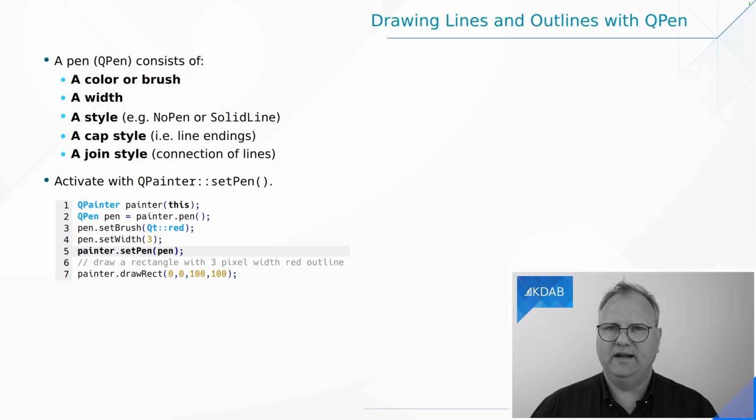But if I have a pen that's really huge, I might actually have a brush inside the pen. Why would I want that? I have no idea. Sorry, but you can. Then the pen has a width. Usually you paint with a pen that is just 1 pixel wide, but sometimes you might want to paint with a different size of pen.